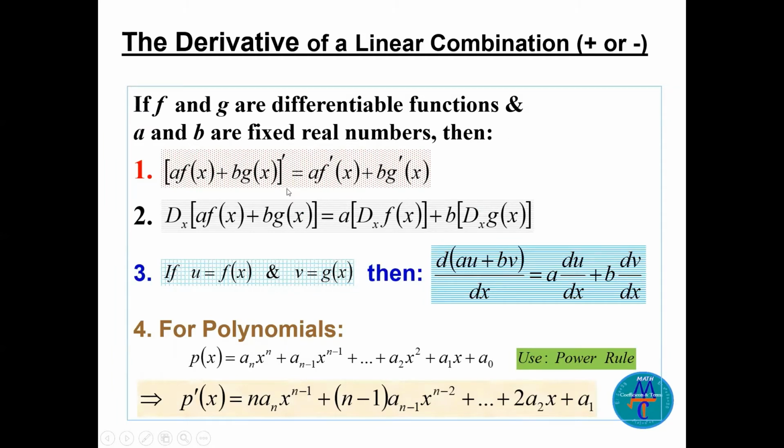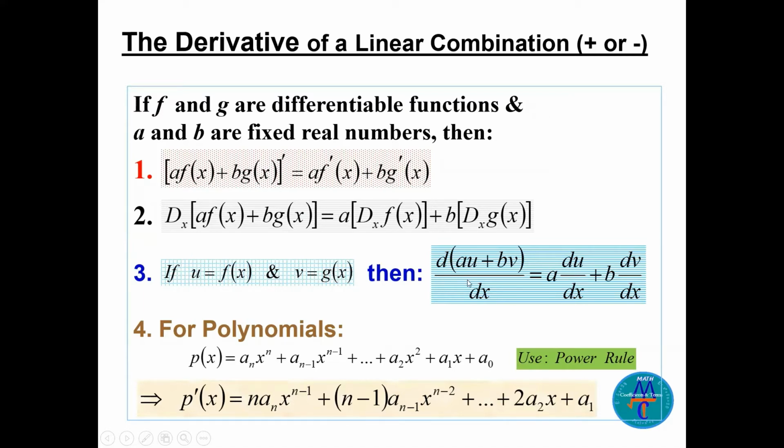Now here we have some properties, 4 of them. The derivative of the sum is the sum of the derivatives. We can write it as d/dx of a f of x plus b g of x. It will be the derivative of the first plus the derivative of the second, or we can have u as a function f of x and v as g of x.